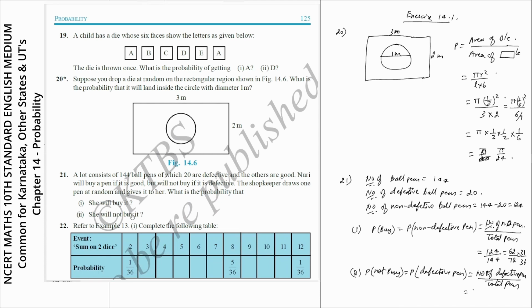Number of defective pens is 20. Total number of pens is 144. So if we simplify, 2 10s are 20, 2 7s are 14, 2 2s are 4, then 2 5s are 10, 2 3s are 6, 2 6s are 12. So it is 5 by 36.